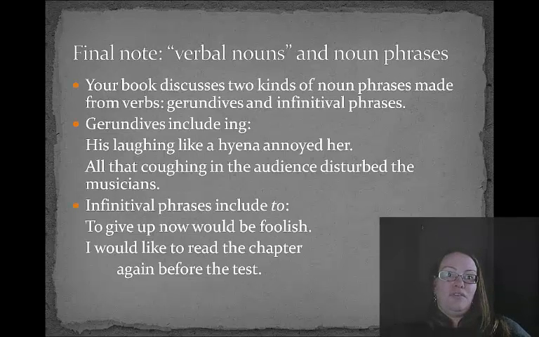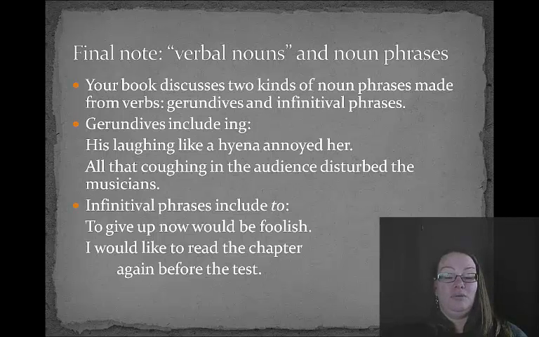We also need to talk for just a second about verbal nouns and noun phrases. Your book discusses two kinds of noun phrases made from verbs. Remember, we look at noun phrases based on how they behave. So in this case, these look like a verb, but they behave like a noun. We have gerundives and infinitival phrases. Okay, so gerunds and infinitives.